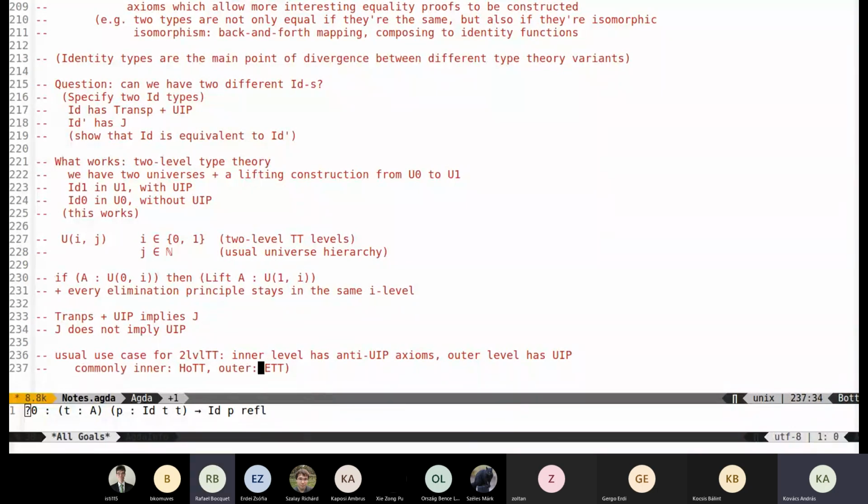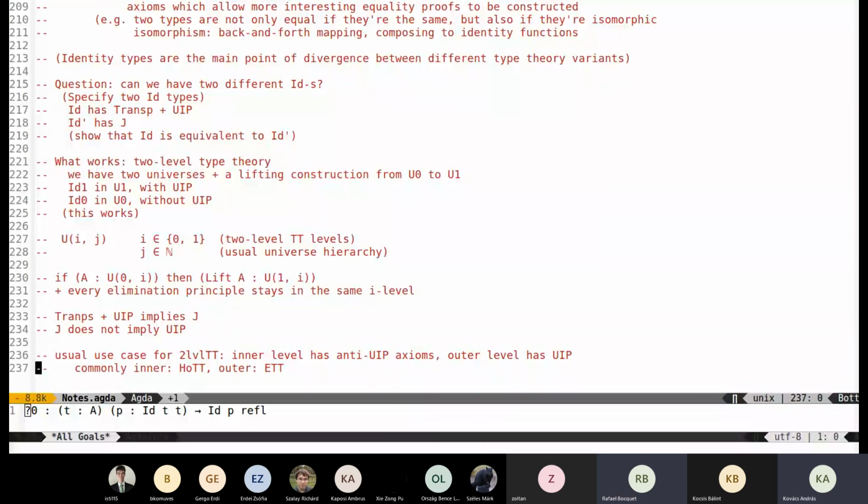But it's also possible to reverse this and have UIP in the inner layer and univalence in the outer layer. Yes. I'm not sure what the practical consequences are if we do this the other way around. I think it becomes probably a bit limited, because then we want to reason about an inner syntax in homotopy type theory, but it's kind of weak.